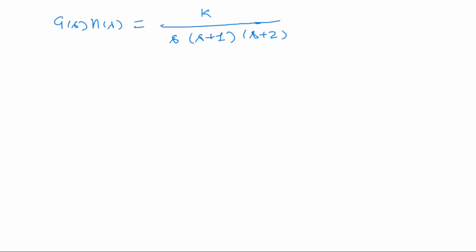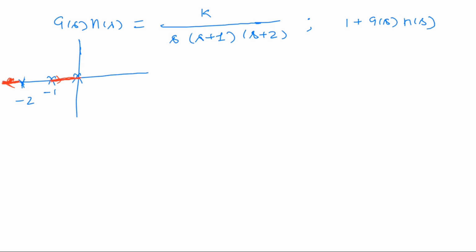The characteristic equation will become 1 plus G(s)H(s). The root loci on the real axis: this segment will be part of the root locus, and between these two poles, this segment will be part of the root locus on the real axis. This locus is going towards infinity, and these two poles are converging towards each other, and definitely they will have the breakaway point between -1 and 0. Let's find the breakaway point for the given transfer function.